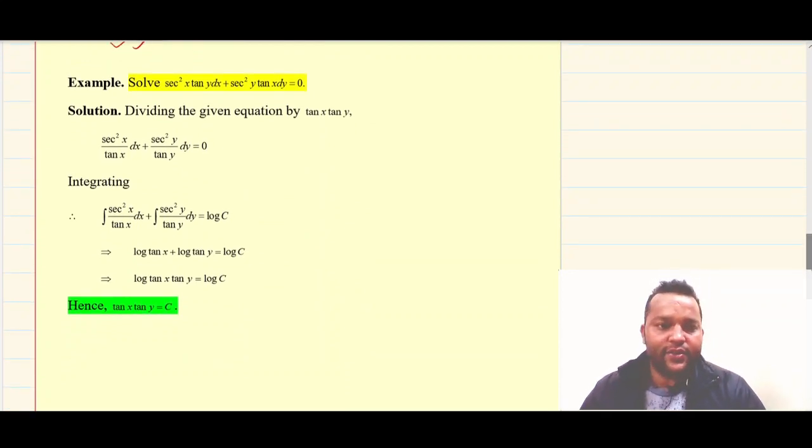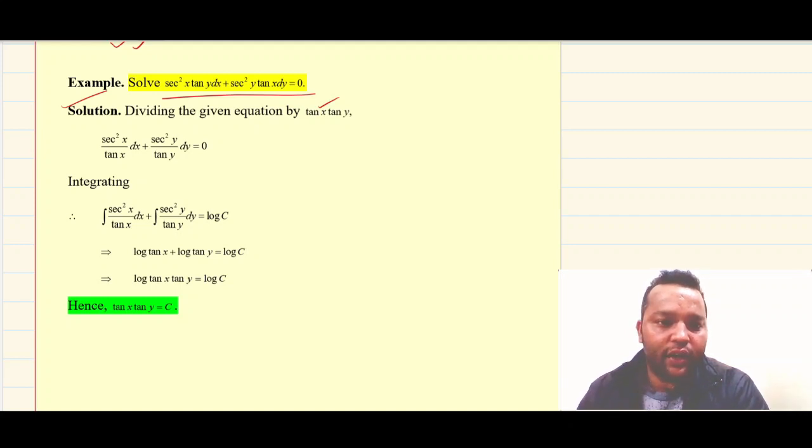Suppose in this second example, we have to solve this differential equation. In order to write it into variable separable form, our target is to write all the functions of x along with dx. Here sec square x tan y dx is given. Our objective is to write all the functions of x along with dx. Here tan y is involved, so we have to remove this tan y.